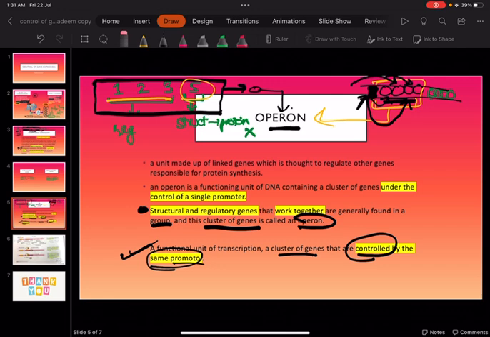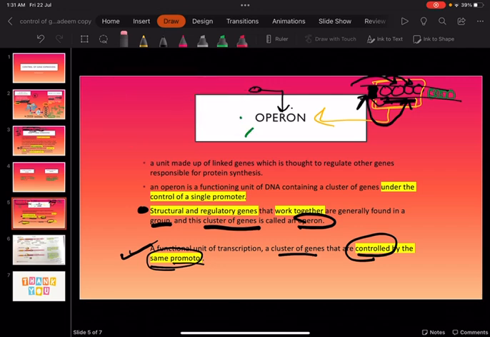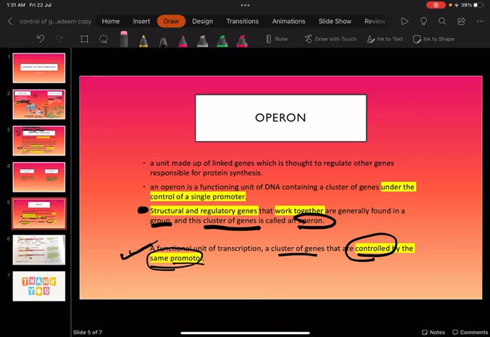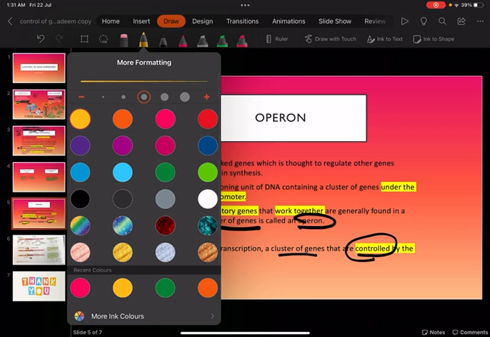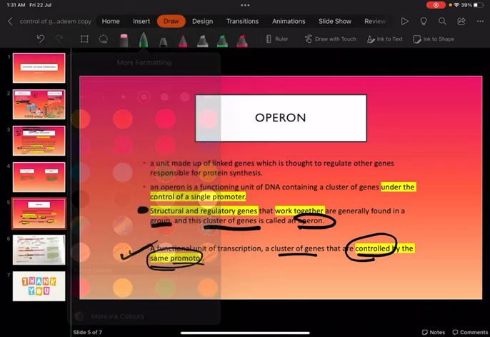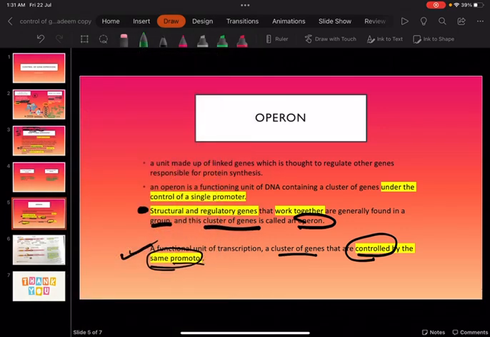Let me simplify it just for the sake, in case you did not understand. Right. So quickly, I'll just recap this because it is very important. What is an operon? Operon is the cluster of genes that consist of both the structural genes and the regulatory genes. So this is a chromosome, for example.